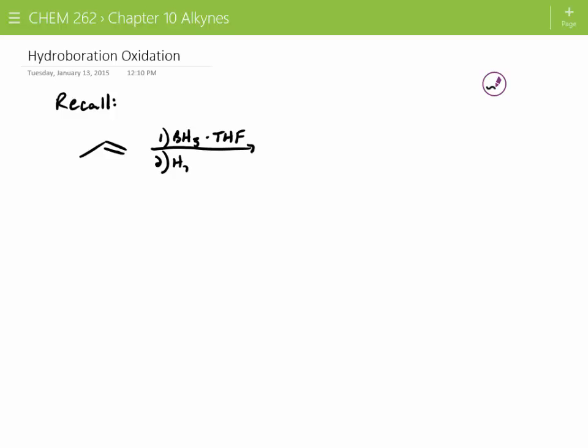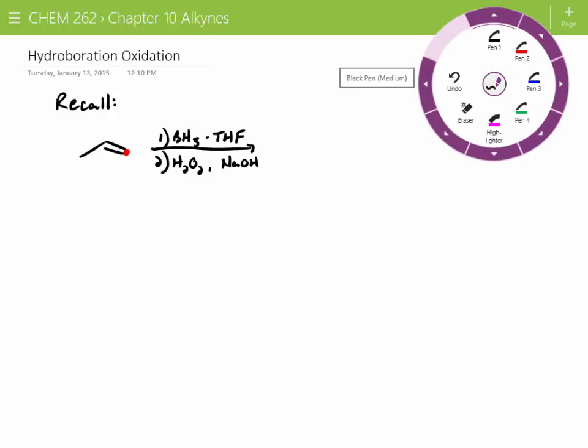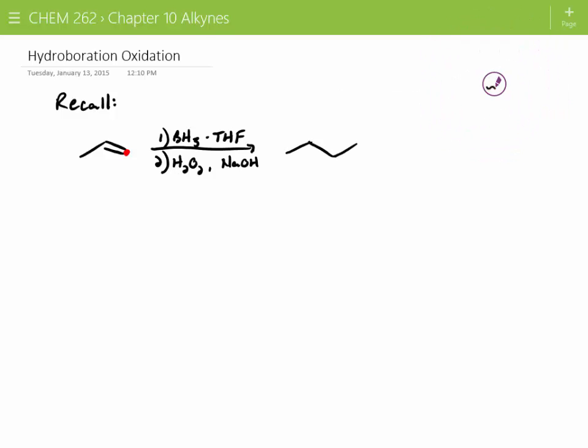Peroxides, so normally hydrogen peroxide, and water, or NaOH too. So hydroboration oxidation, we said we'll install at the anti-Markovnikov position, the less substituted side. So if we draw the product that we get out of this, we get an alcohol installed off of that red carbon in the anti-Markovnikov position.